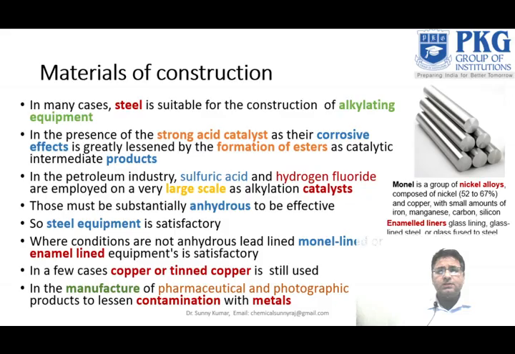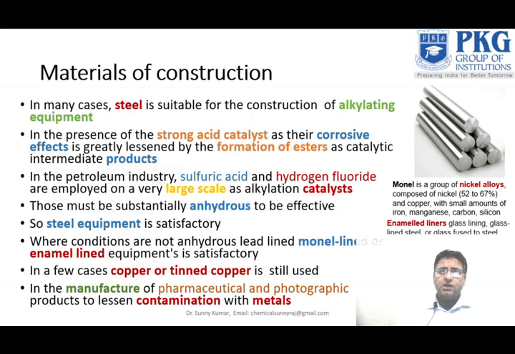The enamel linings are based on glass lining, or glass-lined steel, or glass fused to the steel. So these are the different types of coating or lining we generally do to protect our equipment material.